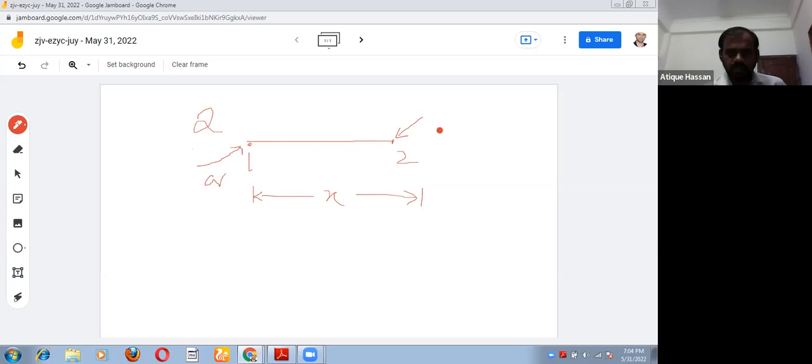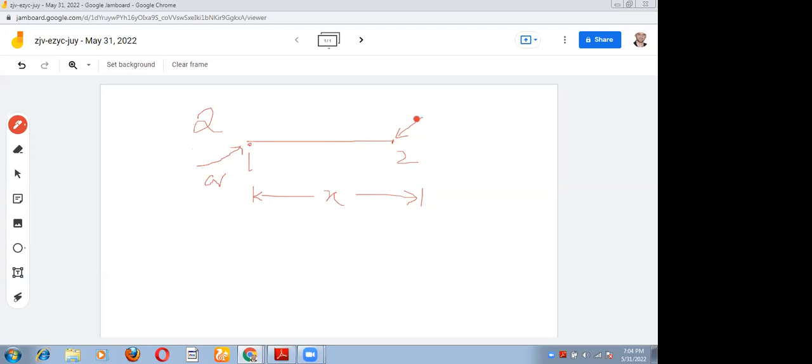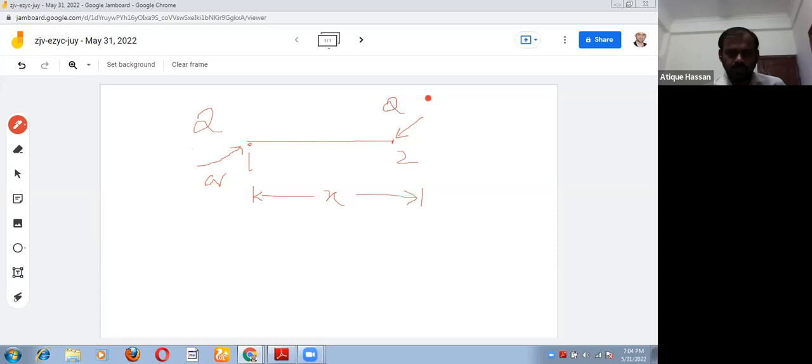So what will be the charge of 2? It should be capital Q minus small q, since I have total charge capital Q and a small charge q is given to particle 1. So the charge on particle 2 should be capital Q minus small q.